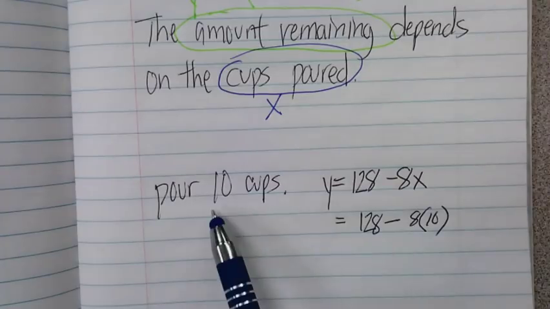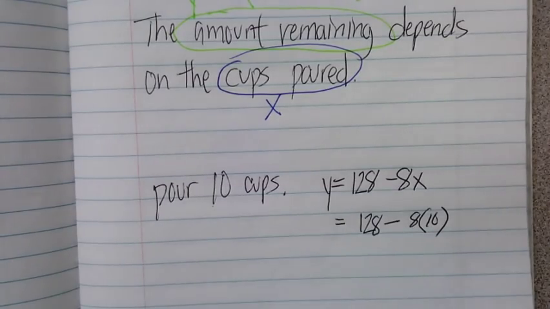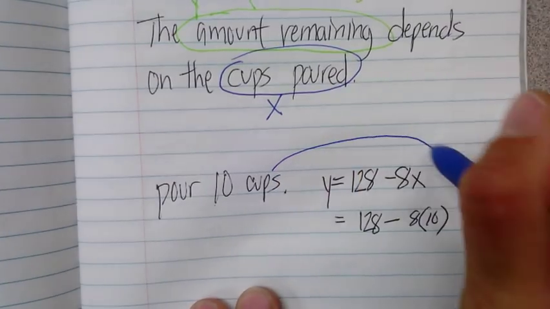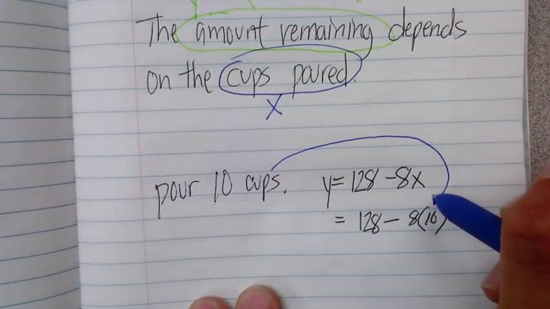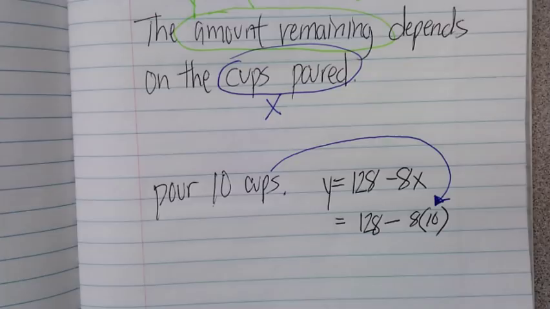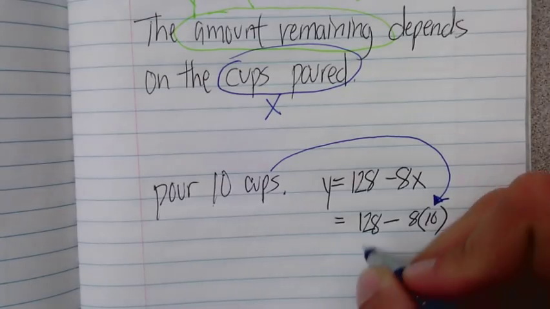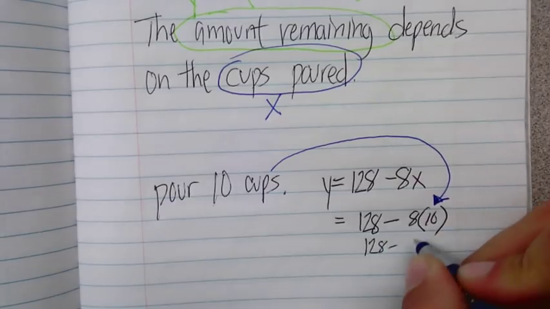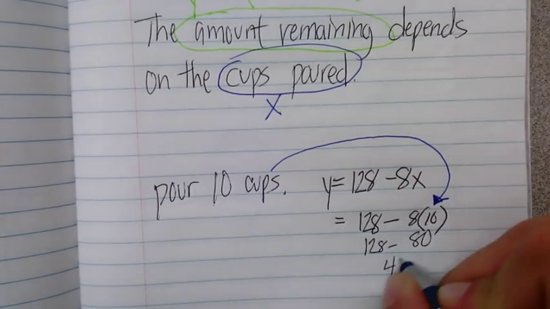You see that we're pouring 10 cups. So that goes in for the X. So then I'm following the order of operations, and I'm going to simplify 128 minus 80, or 48.